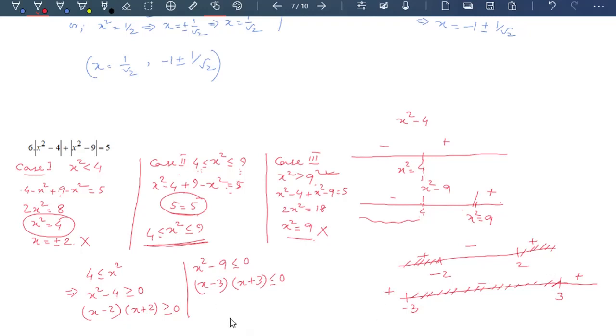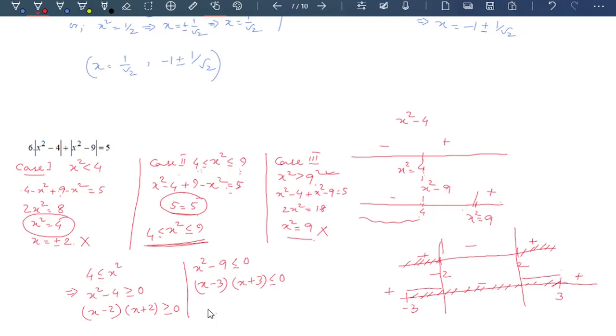So your solution is the common portion. This is minus 2, this is 2, so the common portion is this and this.